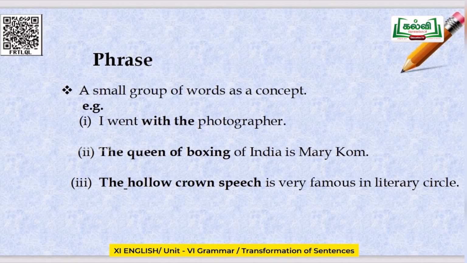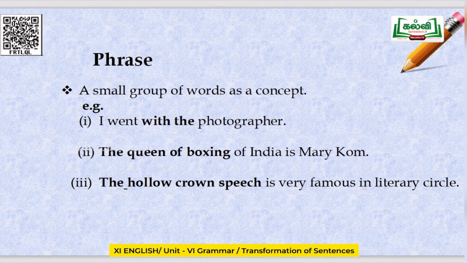Now here, if I say it separately, the Queen of Boxing of India, you may think whether it is a sentence or not. But see, there is no finite verb. Therefore, the Queen of Boxing of India is a phrase. Only if I say the Queen of Boxing of India is Mary Kom, here it is a sentence.